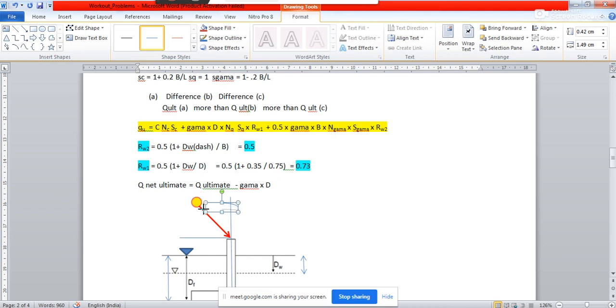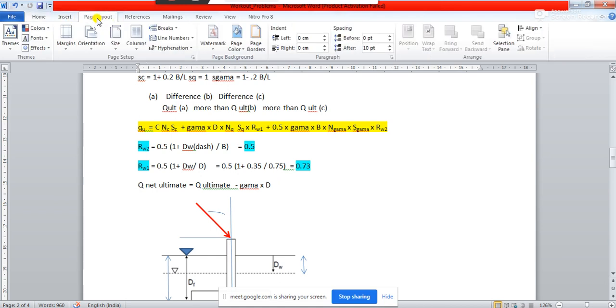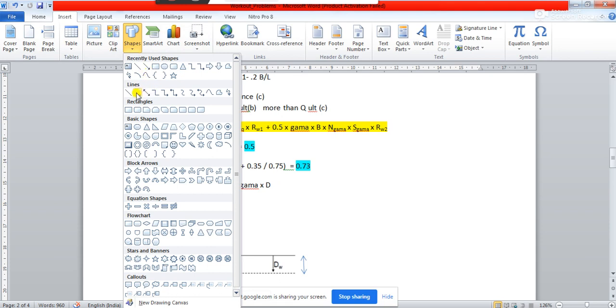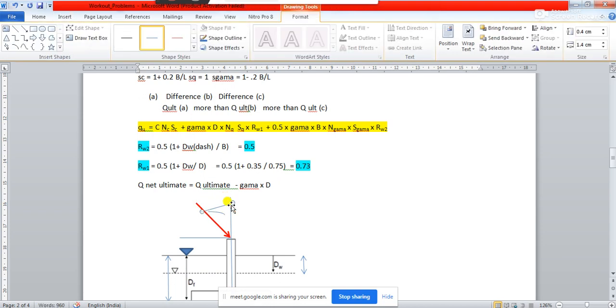Basically this inside angle. If you have doubt, please tell. Alpha is this angle. Okay, it is not this one. This angle from here to here.